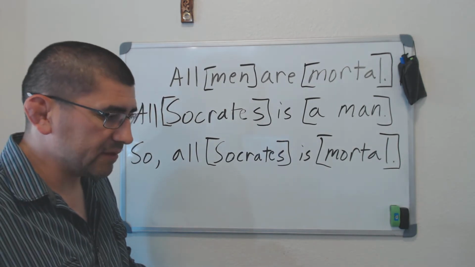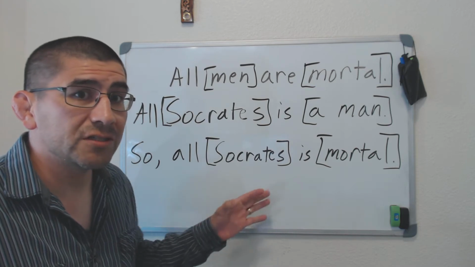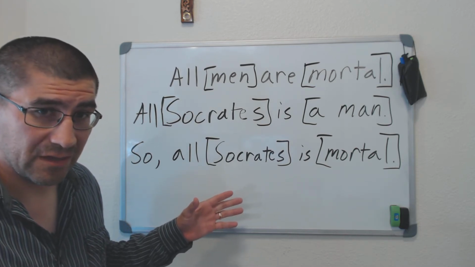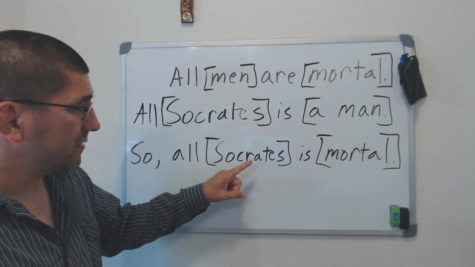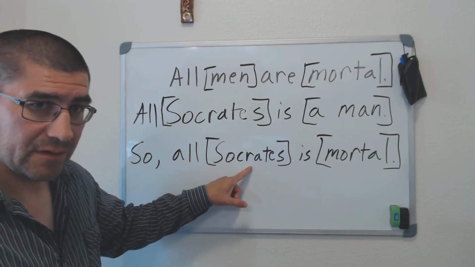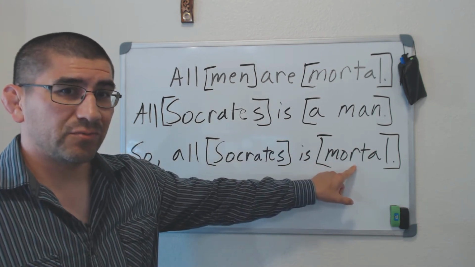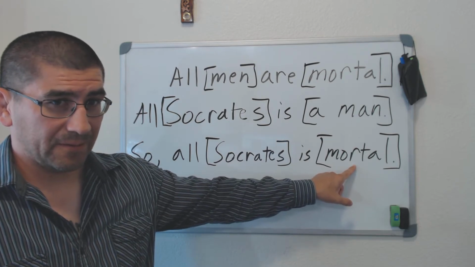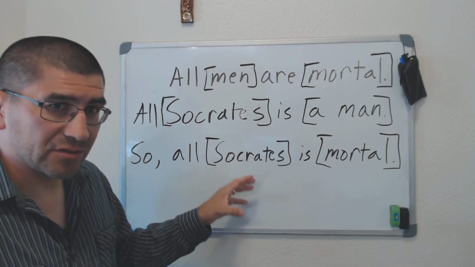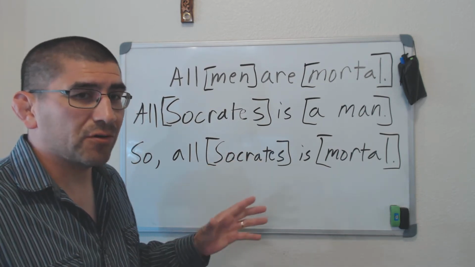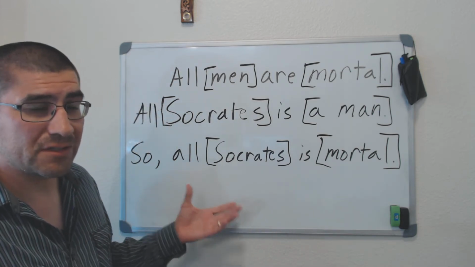Now I can clearly see from the conclusion, remember, the conclusion is the most important part of the syllogism, because that's going to tell you everything. Socrates is the subject term. Mortal is the predicate term. The conclusion is far more important than the premises at this point, because it indicates what the premises are.